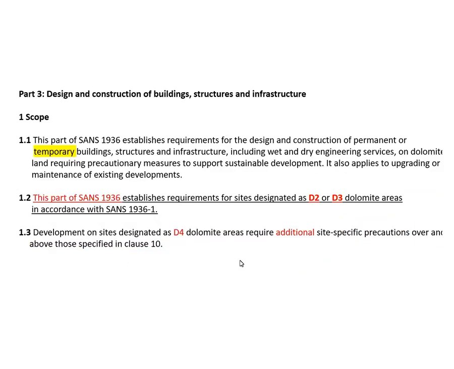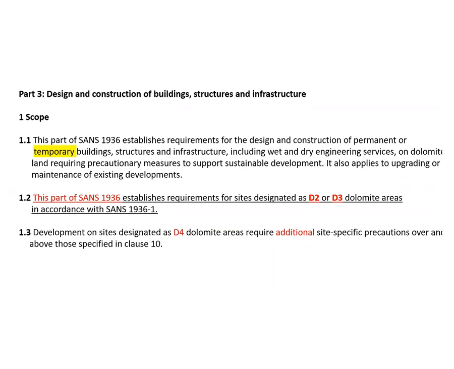As mentioned, we're going to be focusing on part 3, which is the design and construction of buildings, structures, and infrastructure. I just want to read the scope to you so that we have a clear understanding of how important the infrastructure is. SANS 1936 part 3 establishes the requirements for the design and construction of permanent, and also temporary, buildings.